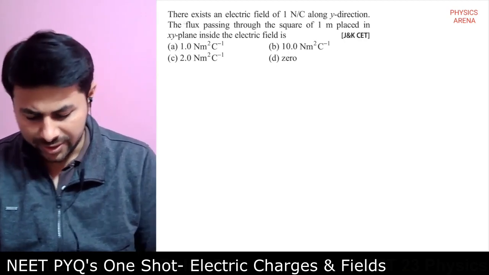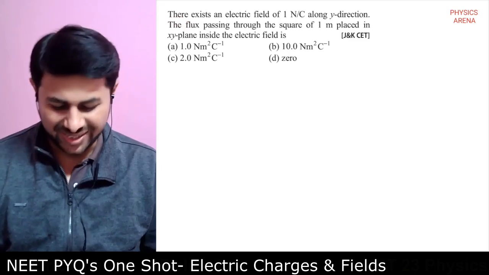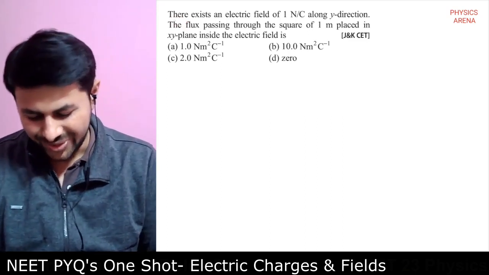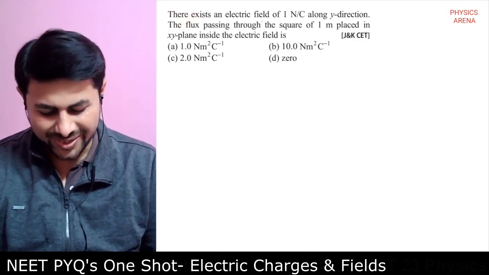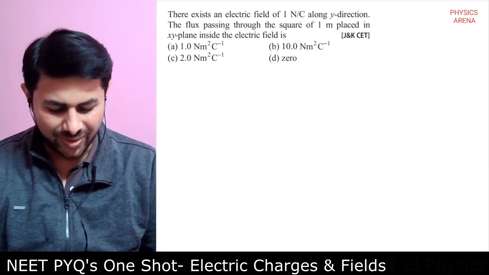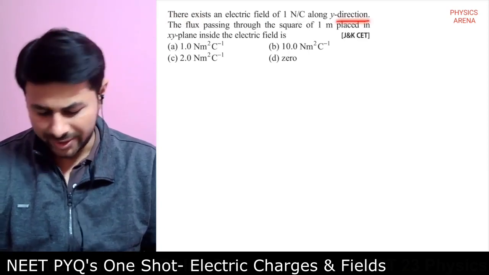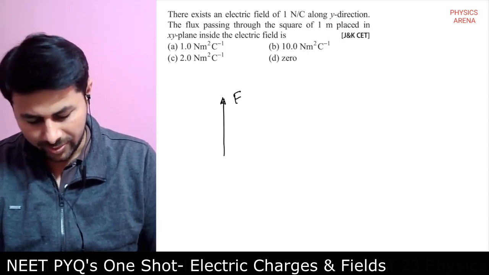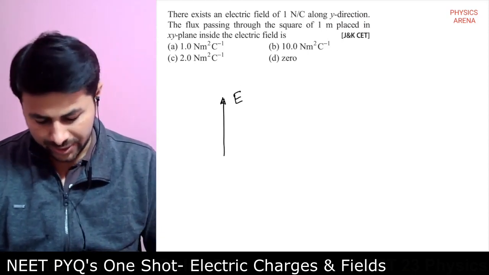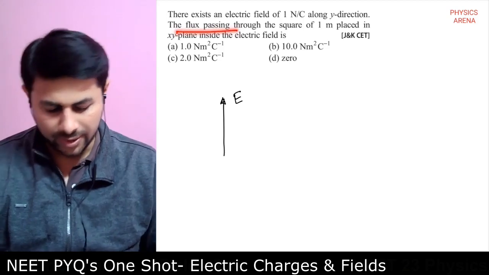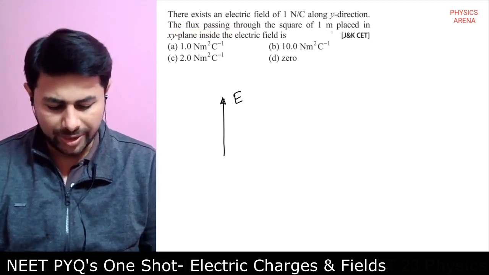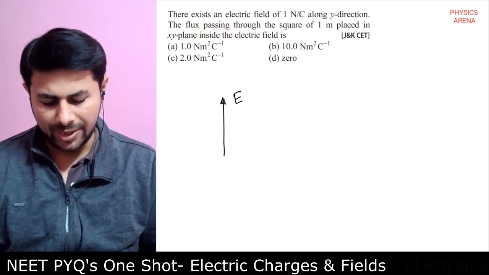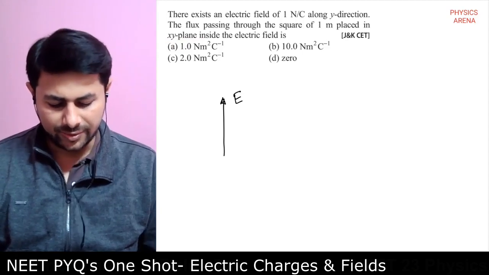I just read the question. So there is an electric field of 1 newton per coulomb along y direction. The flux passing through the square of 1 meter placed in xy plane inside the electric field is.